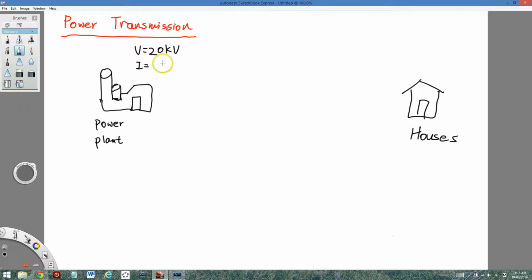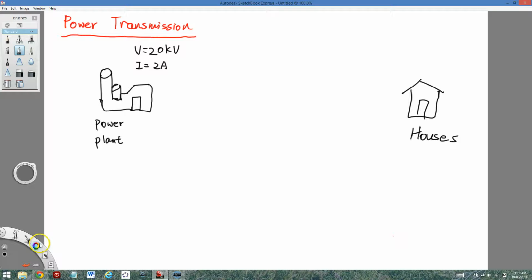If the current, say, is 100, no, let's make it less. Say the current is 2 amps. Somehow this power has to be transmitted to houses.